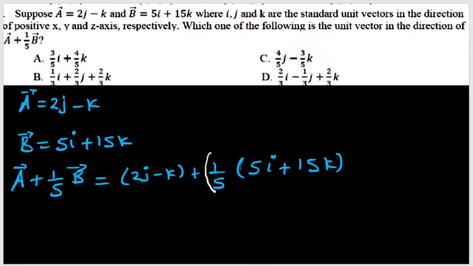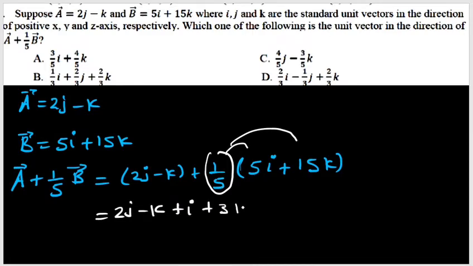This 1/5 will multiply each of them. Then we have 2j minus k, plus 1/5 times 5 is just 1, so i remains, and 1/5 times 15 is 3k. When you finalize, the i component is first, so i plus 2j, and minus k plus 3k is 2k. We have this.